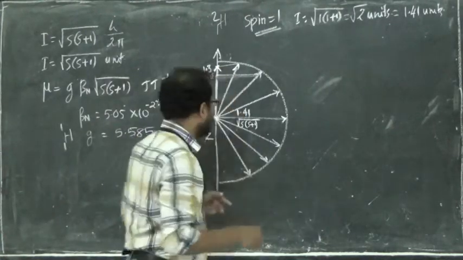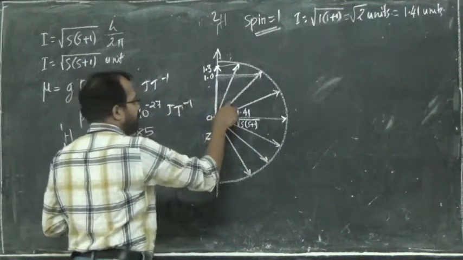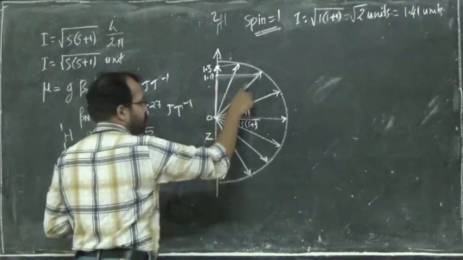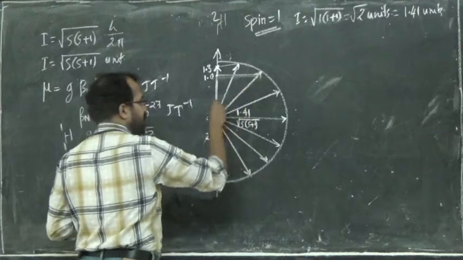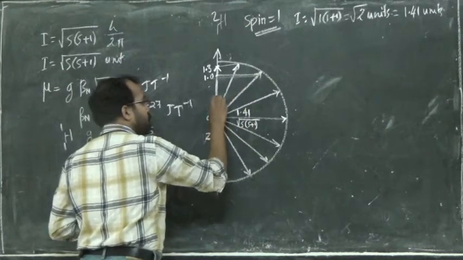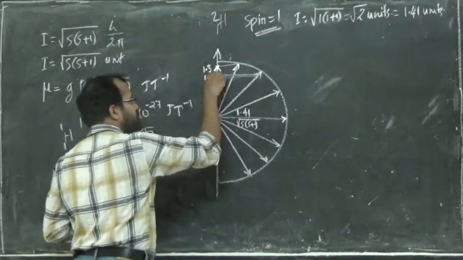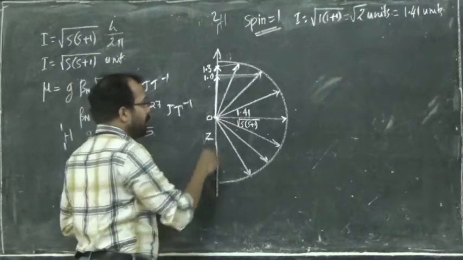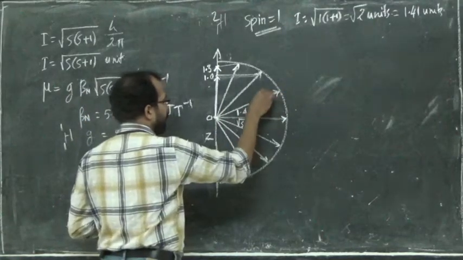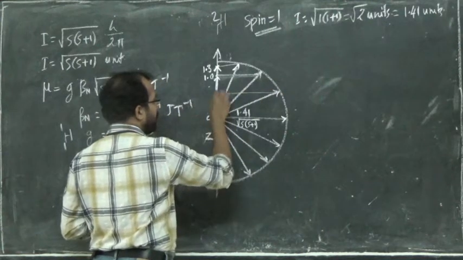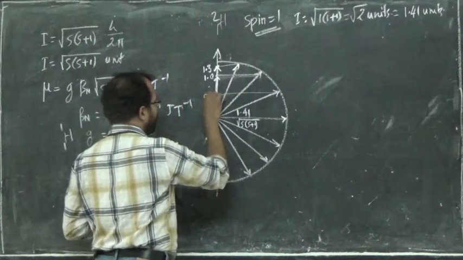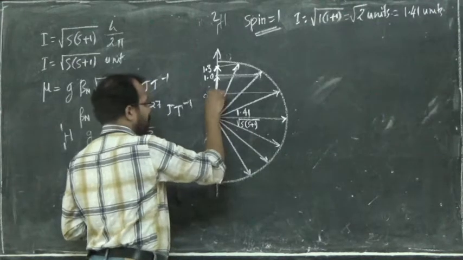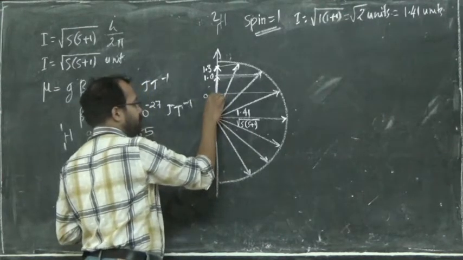So the angular momentum component in the reference direction corresponding to this second direction is this one, from 0 to this. This is the second angular momentum component. I can draw the perpendicular again from the third one, then I get it here, that is 0.5. So the component has the magnitude 0.5.